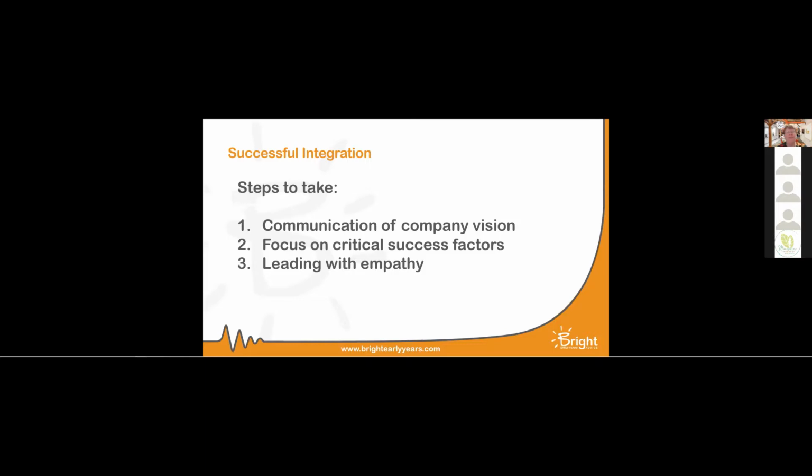Okay, so that's looking at the project management side of things and how we can be mindful of the planning and the process and the people when we're instigating any change within our operations of any sort. And of course, we're going through a bit of change at the moment with the EYFS, so we might have new documents, and it's how we integrate the new wording, maybe completely new methods of working, maybe completely new methods of assessing.